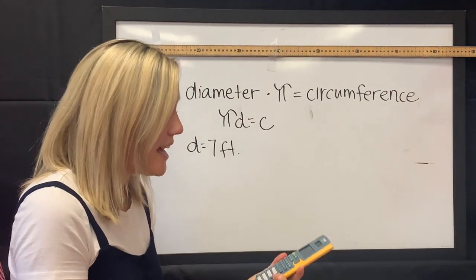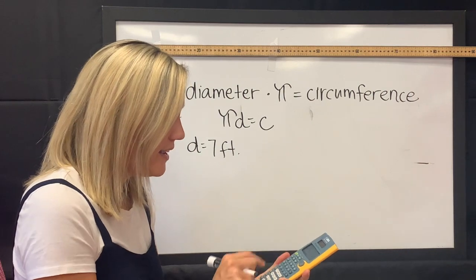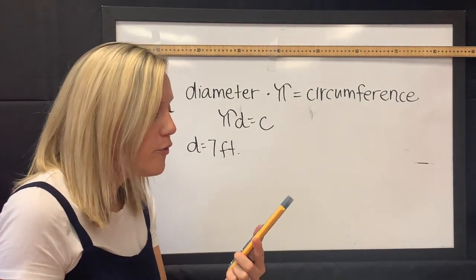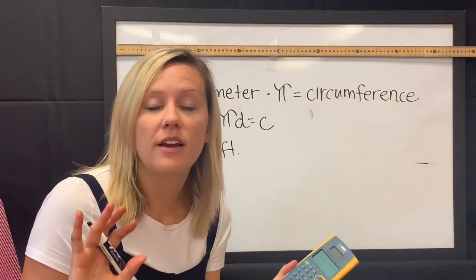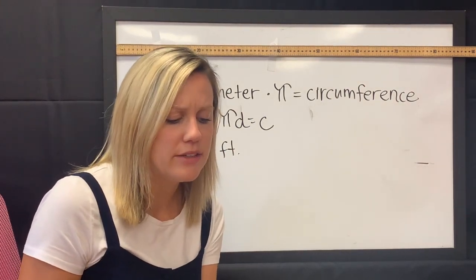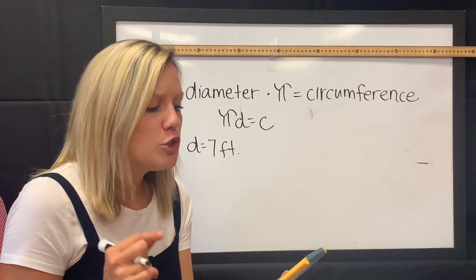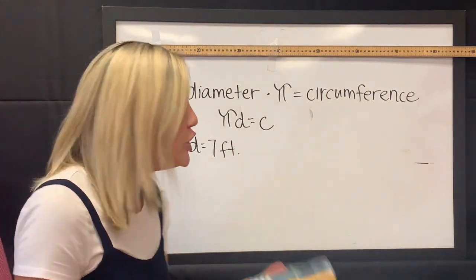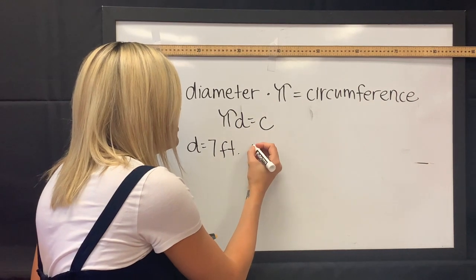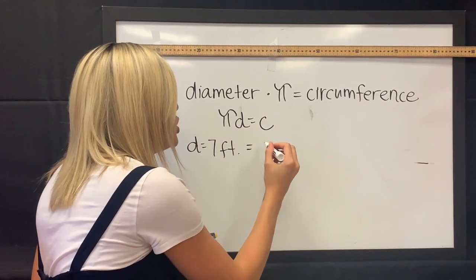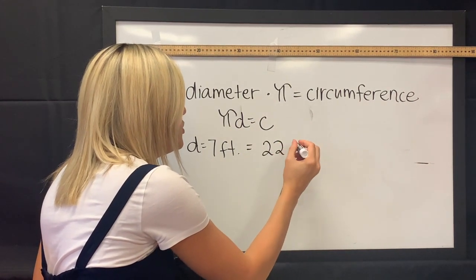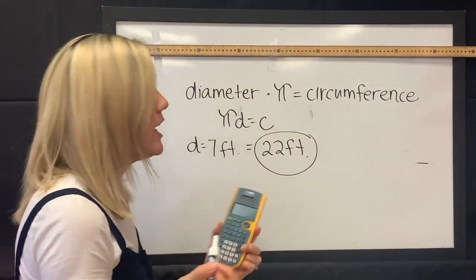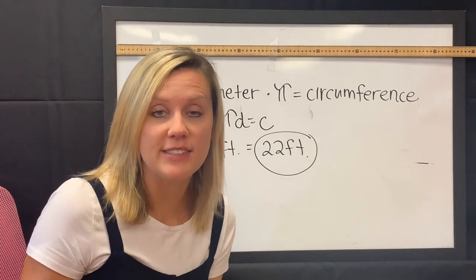So I'm going to take 7 times pi, and I get 21.9914858. It goes on and on. So I'm just going to round it to the nearest tenth. 21.99 would round up to 22. So this would be about 22 feet. That is the circumference if you had an object that had a diameter of 7.